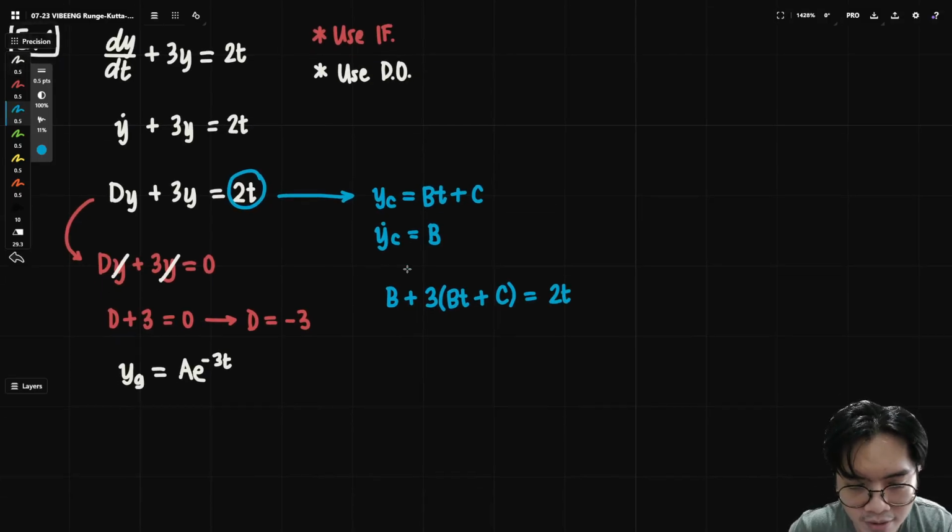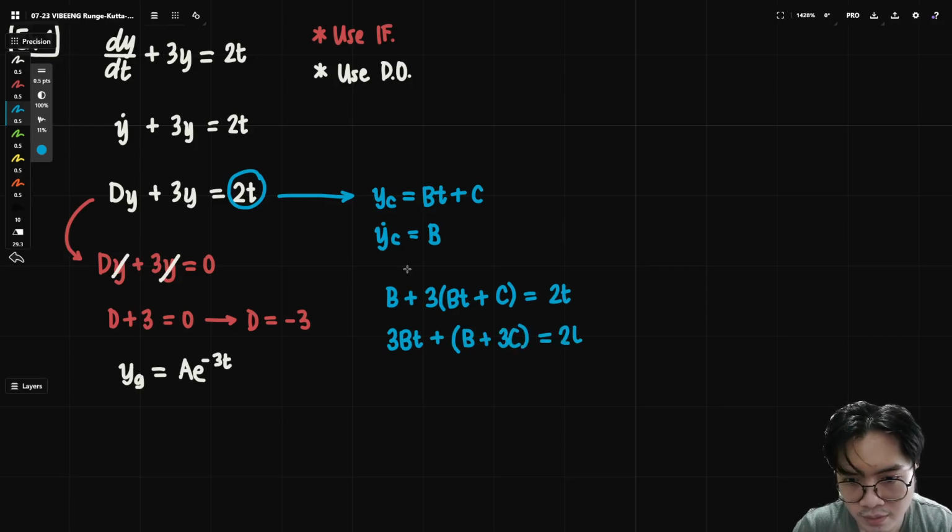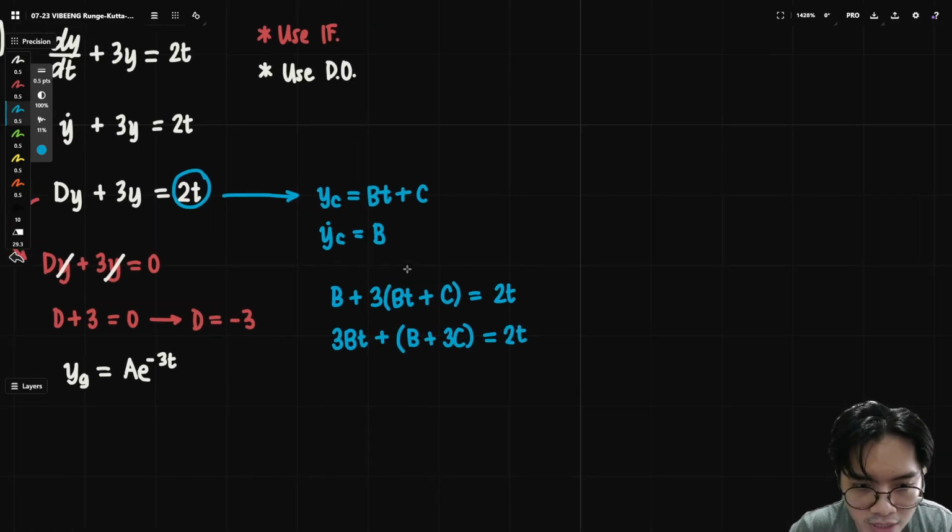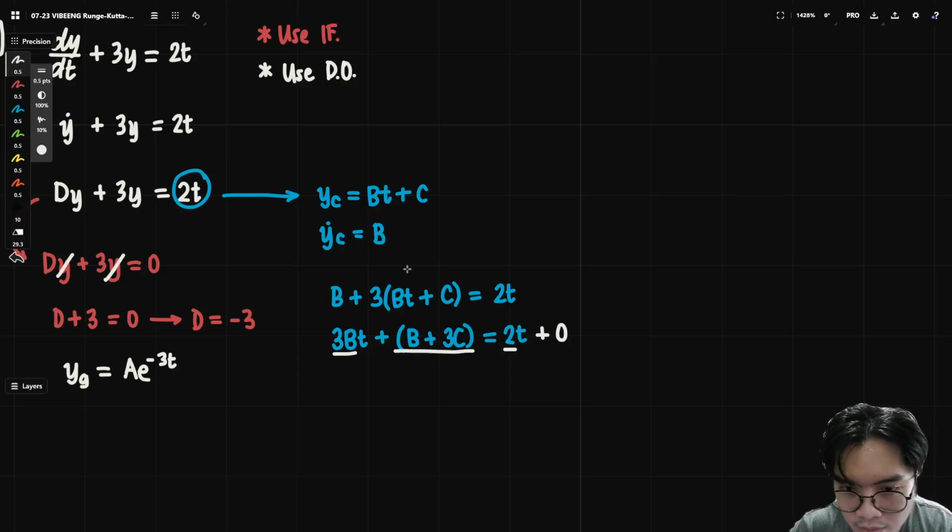So we will have here 3bt plus b plus 3c is equal to 2t. Na makikita natin, you will have here values that are stuck to t, and you will have here constants. Pero walang constant sa kabila, so we will just compare it with 0.